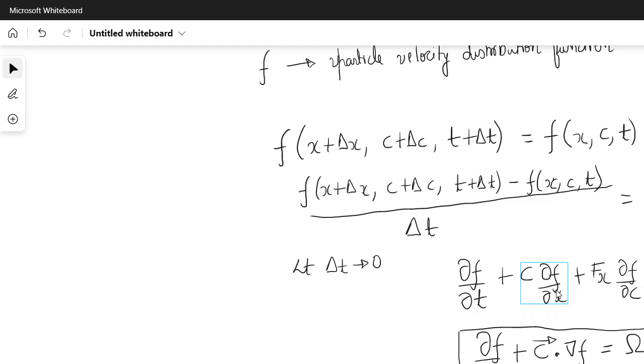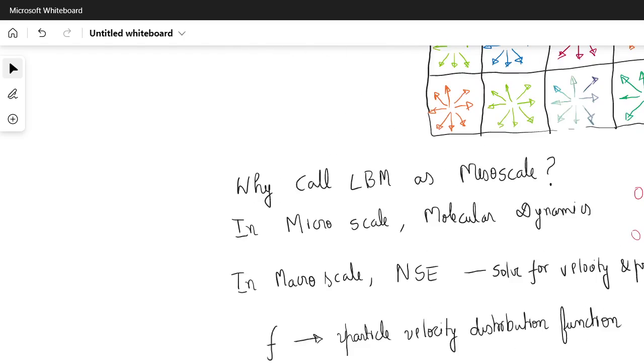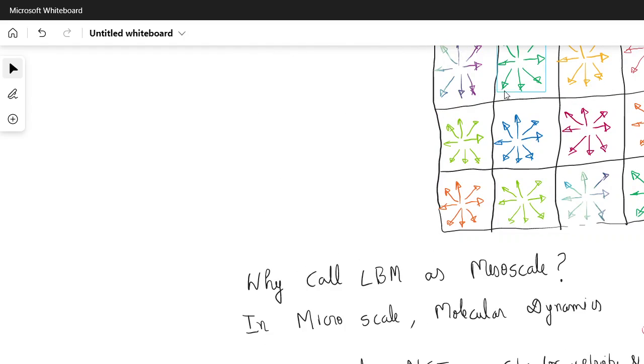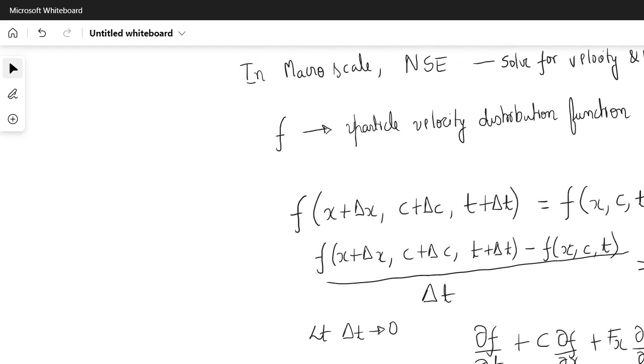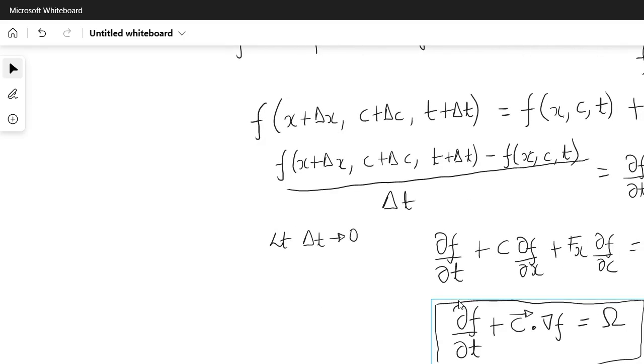Similarly, there is del f by del x, and then there is del f by del y in the y direction. That's why it is the gradient of f. In 3 dimensions, del f by del x, del f by del y, and del f by del z, and c will be c_x, c_y, and c_z. So this equation, del f by del t plus c vector dot gradient of f equals omega, is called the Boltzmann equation.